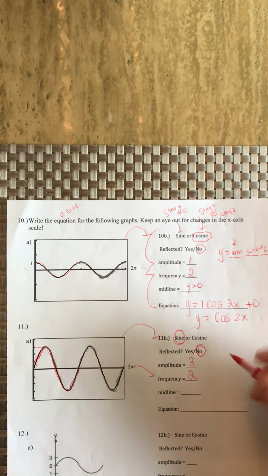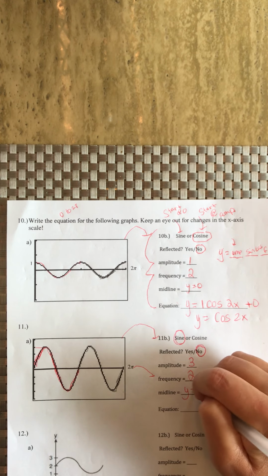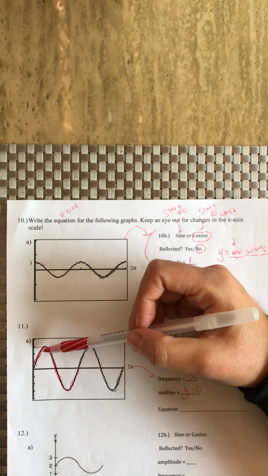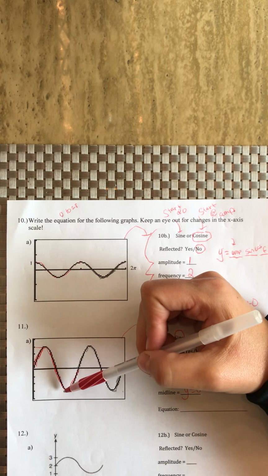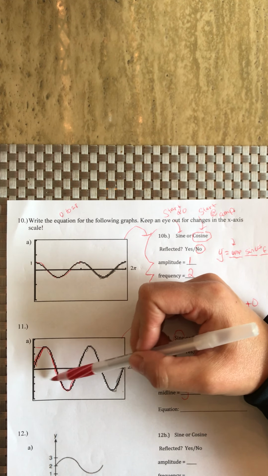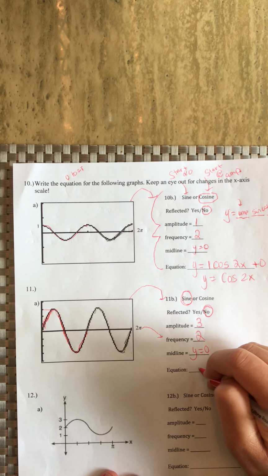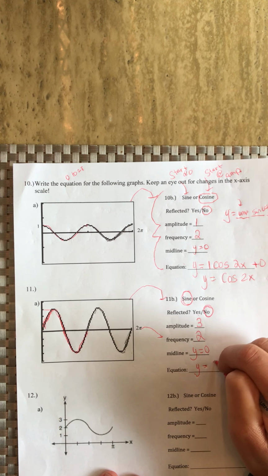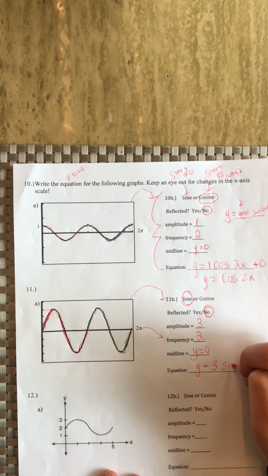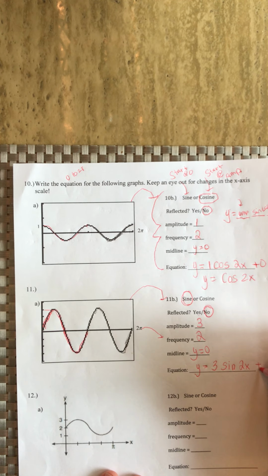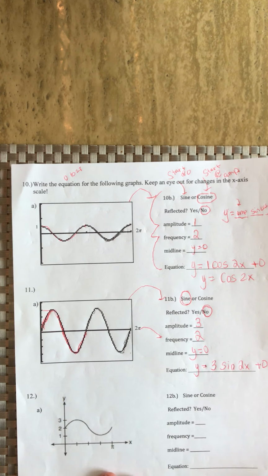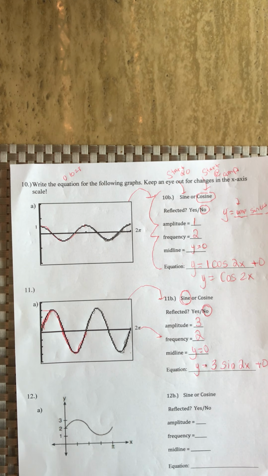Midline, y is equal to 0. You find that midline by finding the midway between our max and our min. This is 3, -3, so you can see that that's y is equal to 0. Put all this together: y is equal to 3 sine 2x plus 0, and you don't need that plus 0, but it won't hurt either.